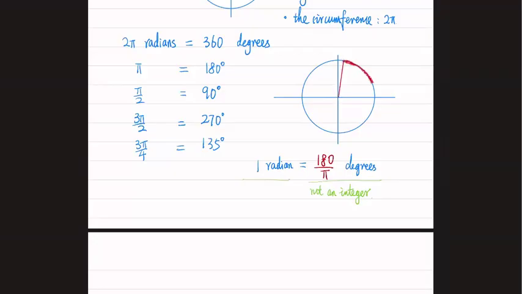Two, we can measure the length of this arc. The length will be the radian.